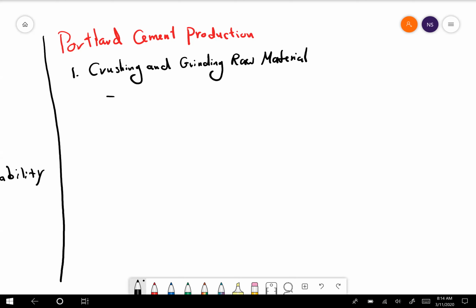Now these materials are calcium oxide, which is a calcium-based material, and that includes limestone, chalk, and oyster shells.